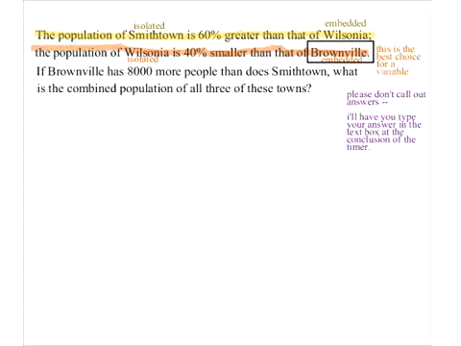Now, I'm assuming a certain knowledge of percentages on your part. So, let's say X is Brownville. Let's put this in brown. It's Brownville. Then in this case, how do you do 40% smaller than?